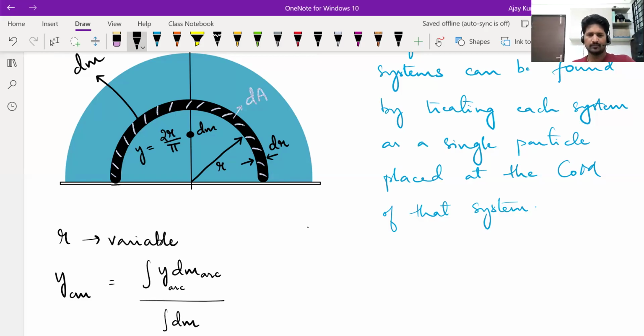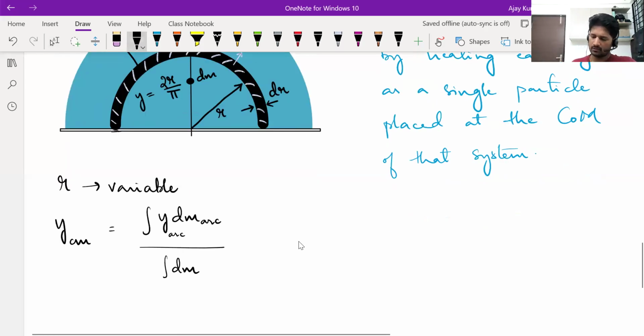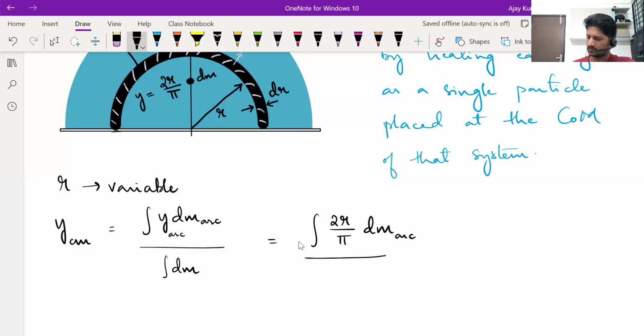That is easy. What is the y coordinate of a particular arc? The y coordinate of its center of mass, 2r by pi. You have to integrate that along with the mass of the arc, divided by integral dm, which becomes total mass. I'm writing it as it is.